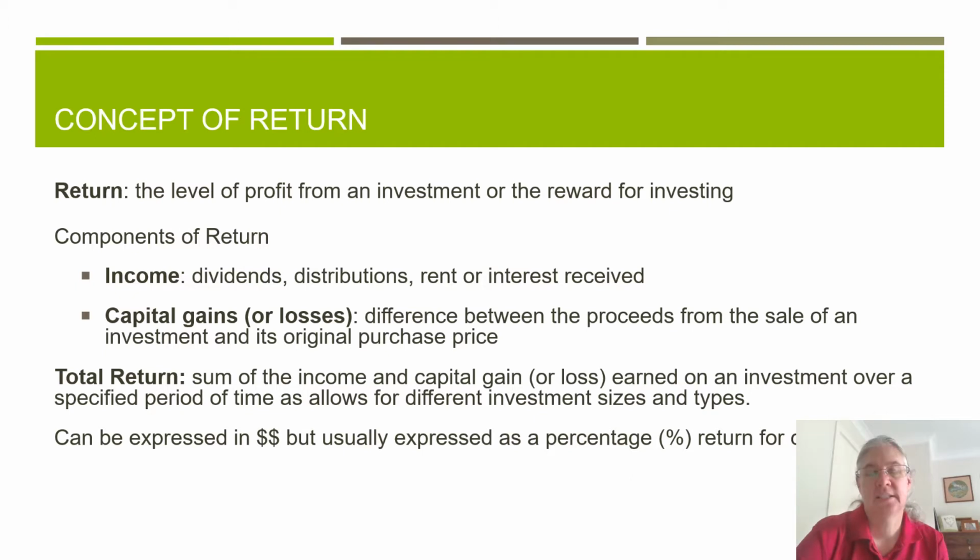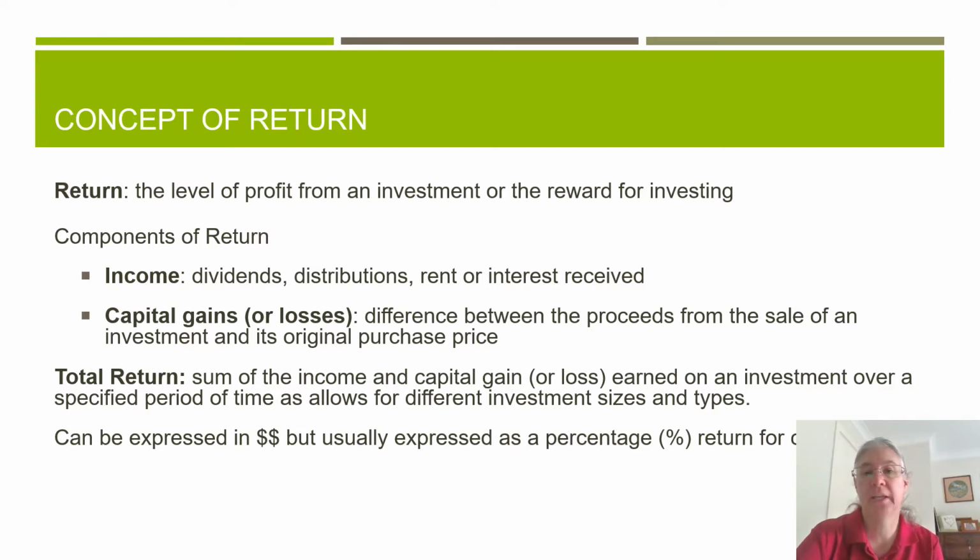So we discussed in Module 1 what we wanted from our investment, and we wanted a return. This return is made up of two parts. One, income. So depending on what type of investment, if it's shares, they'd give you dividends, you may get distributions.